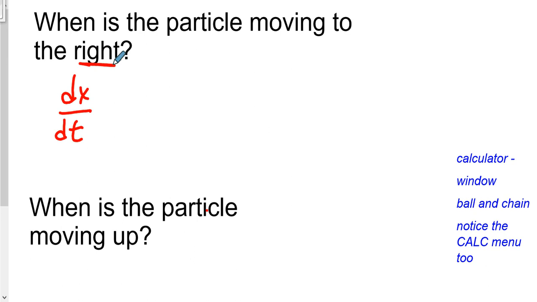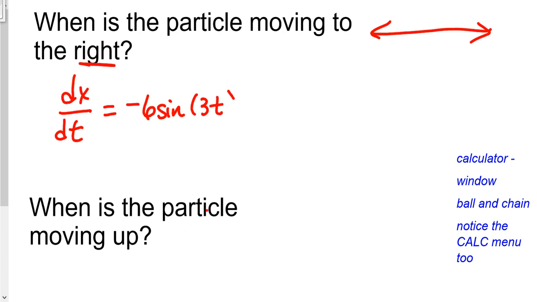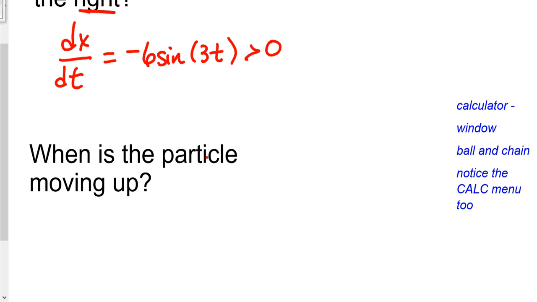Right and left motion is this way, and that's my x variable. And moving to the right is denoted by dx dt being positive. So in this case, dx dt is negative 6 sine of 3t. I want that to be positive. Okay, we're going to come back to solving that in just a second. We're going to use our calculators.